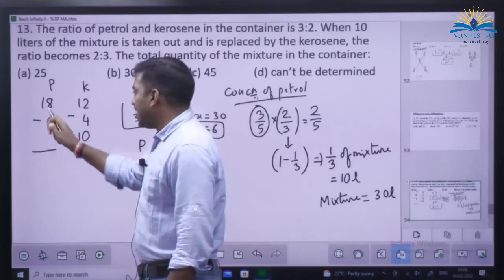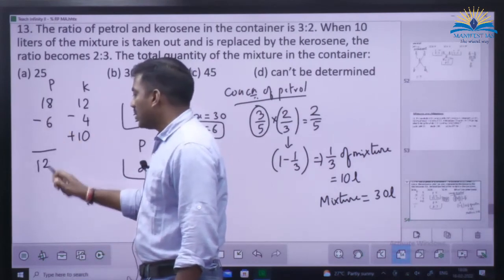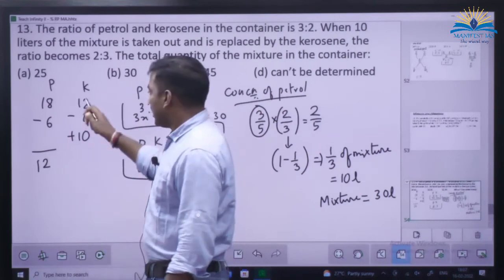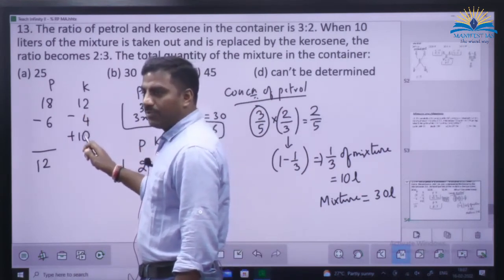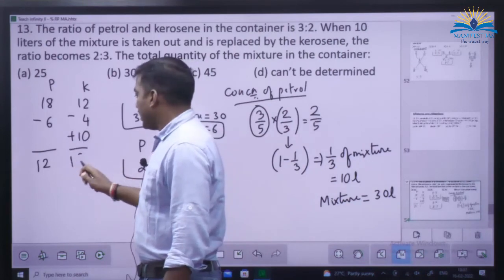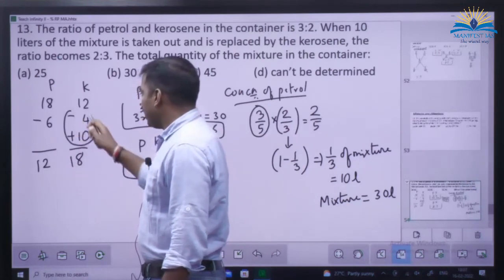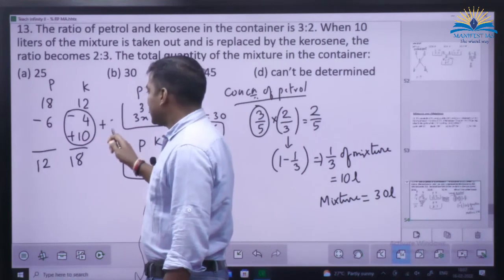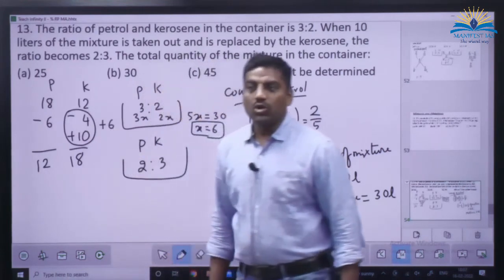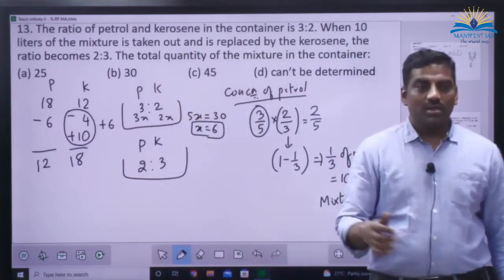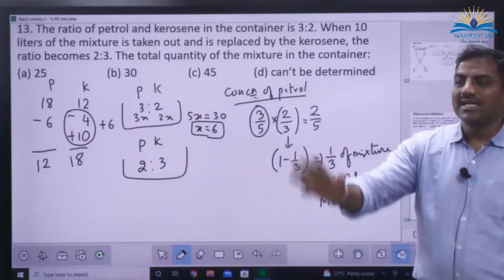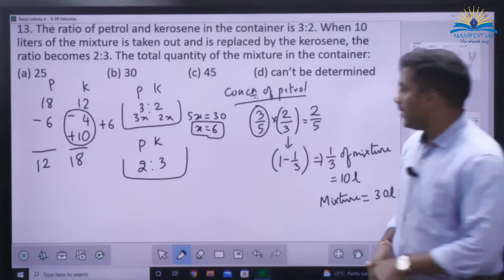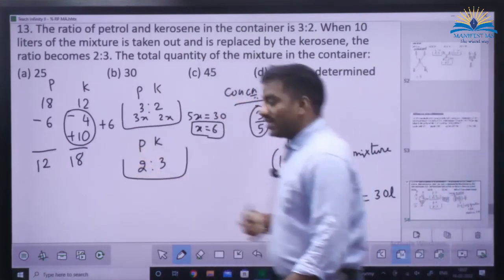So basically this 18 minus 6 is becoming 12. But here 12 minus 4 plus 10, 8 plus 10, 18. So collectively we are adding 6. So this whole transaction is: you are taking 6 liters of petrol out and 6 liters in. That is the understanding. But this is okay when we get 30 liters.